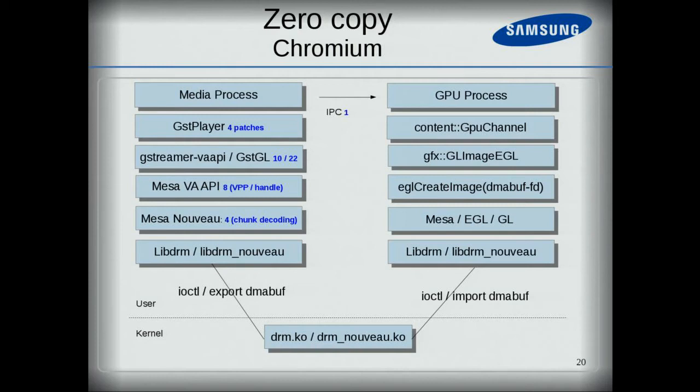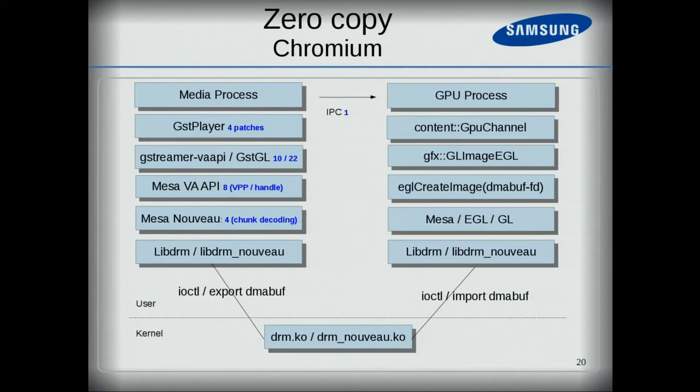Because in Chromium, for the hardware decoder, they actually do the hardware decoding in the GPU process because it's easier to handle, especially zero copy with different platforms. So there is already an object that wraps an EGL image, GFX GLImageEGL. This is a Chromium object.